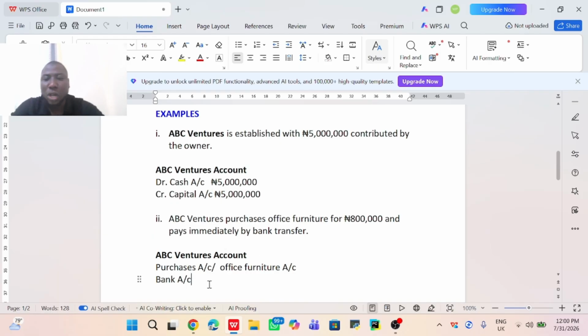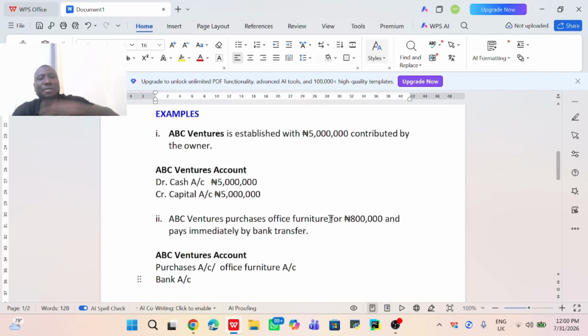After that, which one is to be credited and which one is to be debited? Which one is receiving, which one is giving? ABC purchases office furniture. Office furniture is an asset, and I told you that an asset should be debited. That's another clue. Another thing is that if you receive something, it should be debited.